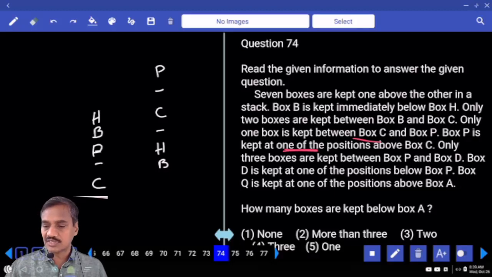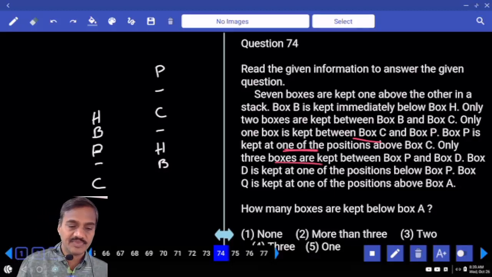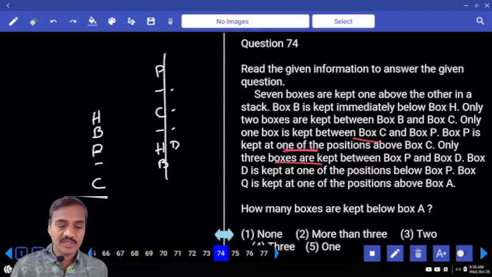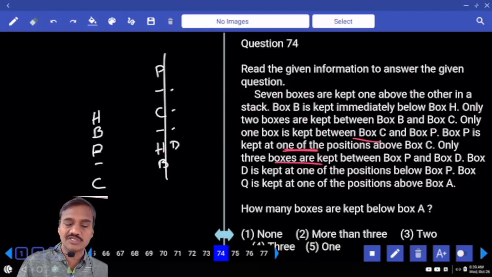Then P is kept, and only 3 boxes between P and D. Now in between P and D, there must be exactly 3. 1, 2, 3. B, H and D must be in the same place. Not possible. Now between P and D, how many boxes are there? There must be exactly 3. 1, 2, 3. Now D can be here. That is one such possibility. 3, 4, 5, 6, 7. And 1, 2, 3. And D can be at the last.